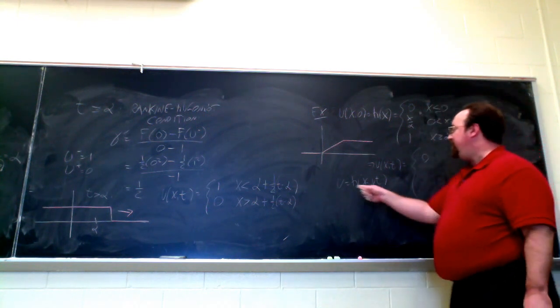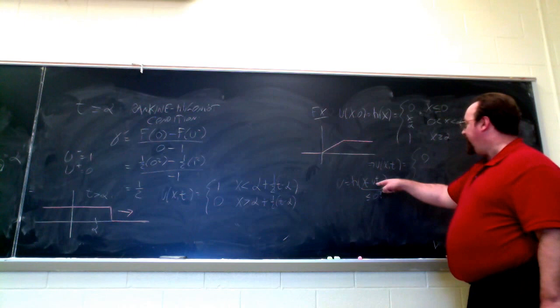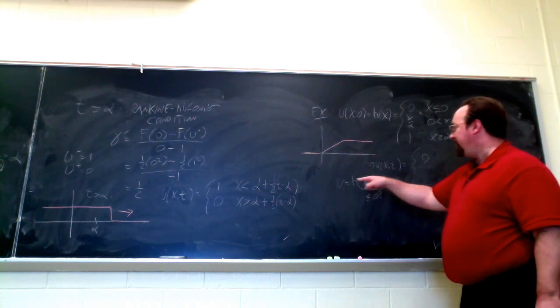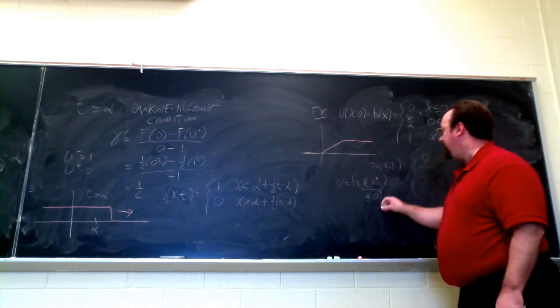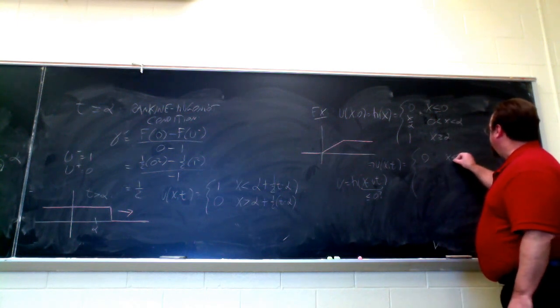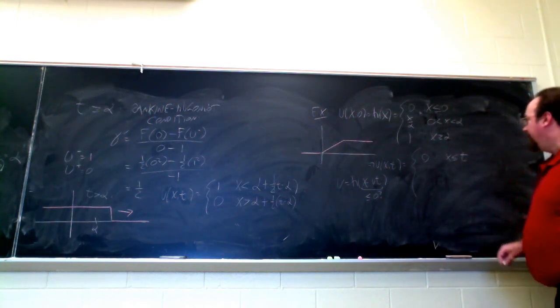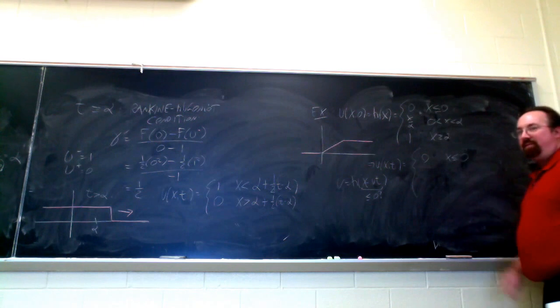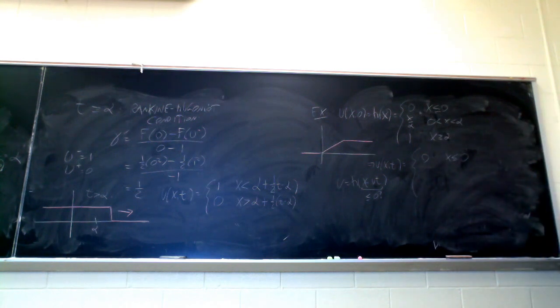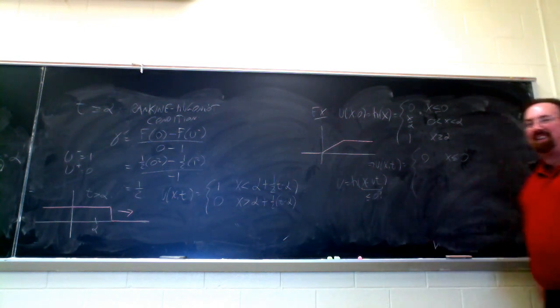When that happens, u is 0. But then this term also is 0, because you plug in u equals 0 in both places. x less than or equal to t. No, 0. Yeah, because t goes away. Yeah, because u is 0, okay. Yeah, because it's multiplied by u. Right. Okay, I'm not listening to you anymore.